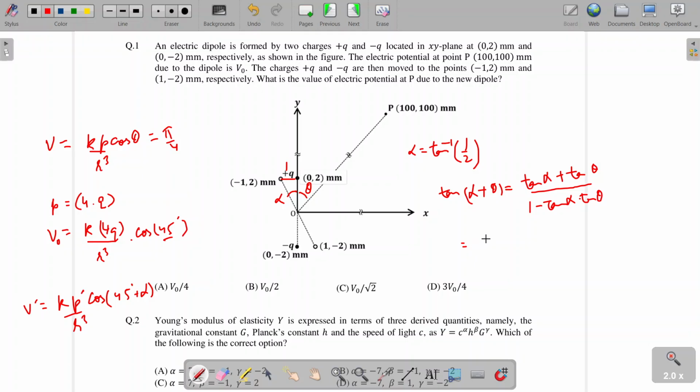So we can just substitute the values here. Tan alpha is 1 by 2 plus tan theta is 1, divided by 1 minus 1 by 2. So this value would be 3. So tan of this whole angle is 3.